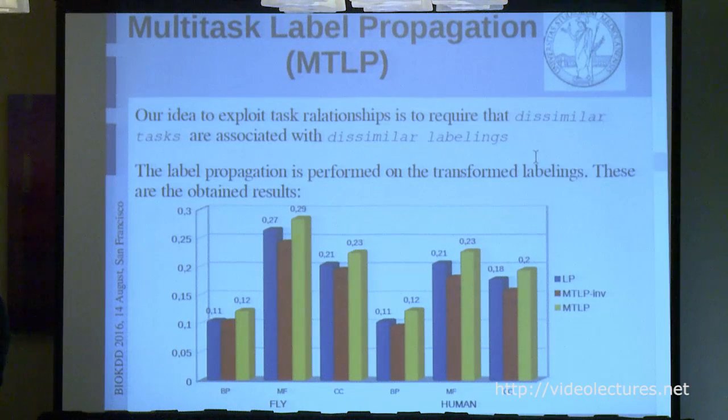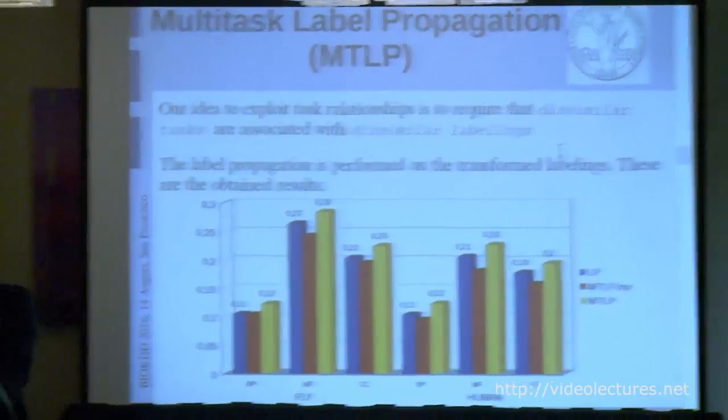I should say that LP is not the standard label propagation algorithm that I previously described. This is already an improved algorithm to manage data imbalance, because in the experiments we did, we adopted very unbalanced labelings.